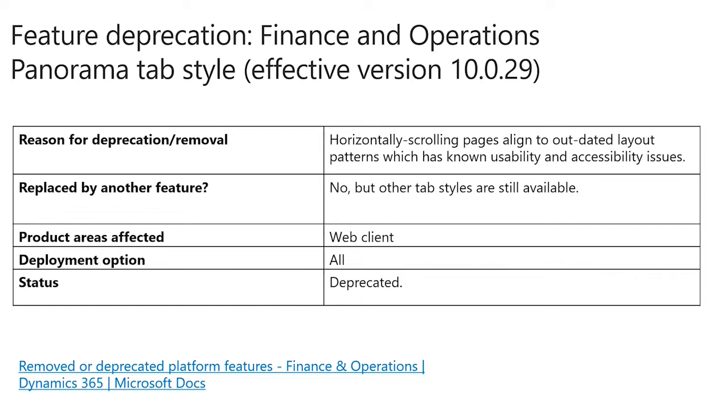So when you get to version 10.0.29, if you've built any of your own workspaces using that panorama or horizontal scrolling style, that will no longer scroll that way. It will be, I believe, converted to vertical scrolling, just like the out-of-the-box ones.